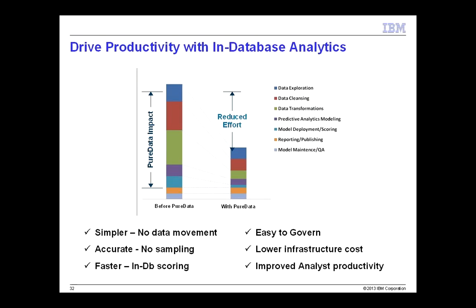UDFs and UDTFs are pretty much common across other databases as well. With UDAs and UDTFs, these analytics capabilities are provided inside Netezza, whereas you could write your own analytics APIs using Lua, Perl, Fortran, and other languages, MapReduce, Java, Python, anything like that.